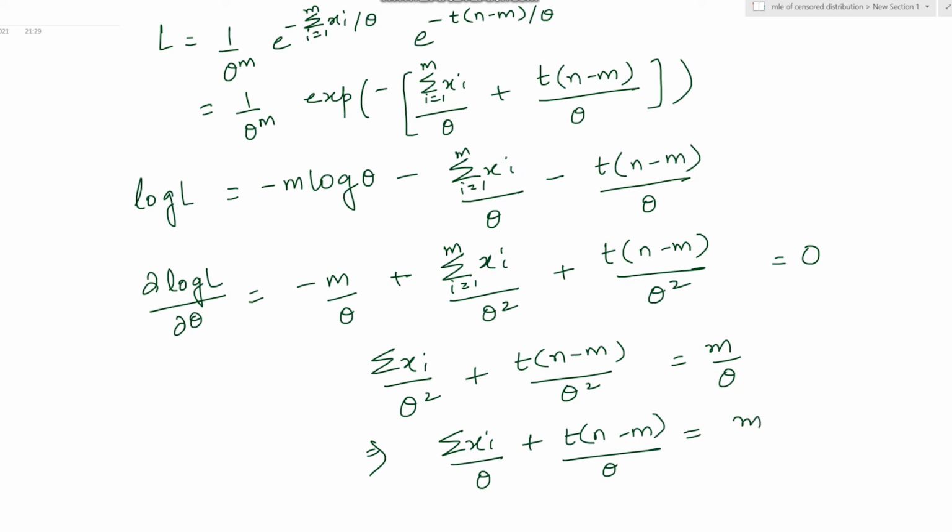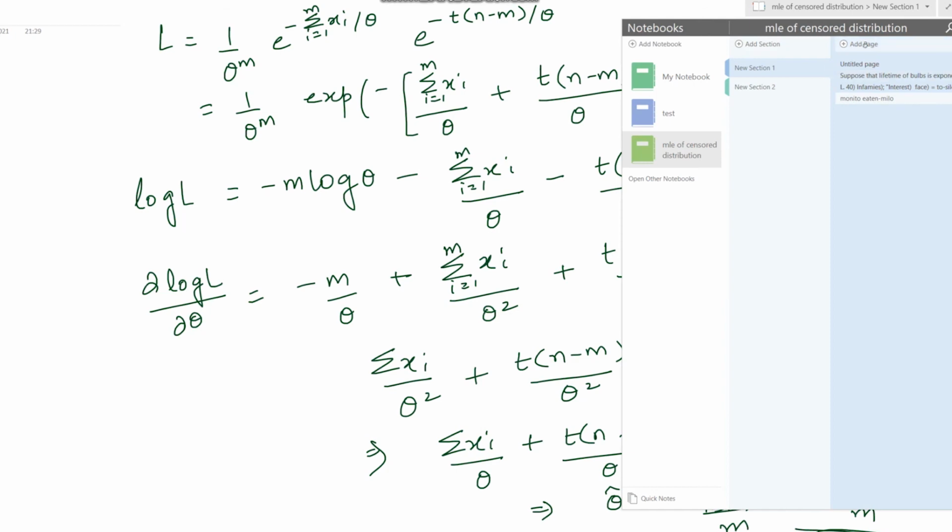So this implies that our theta hat is given by summation of xi by m, where i goes from 1 till m, plus t into n minus m upon m. So this is our theta hat.